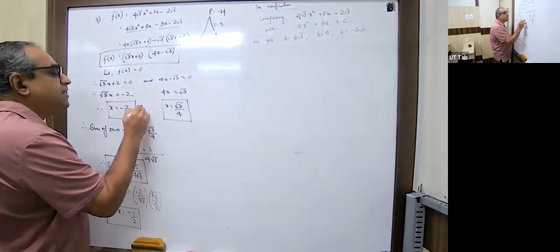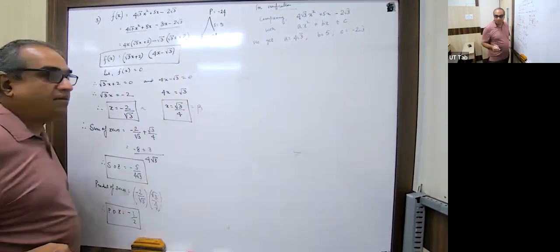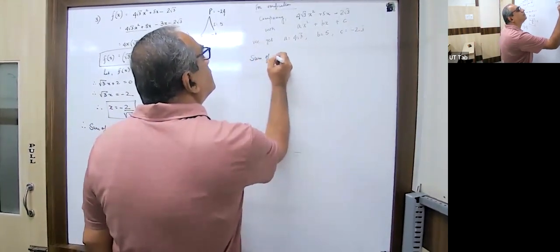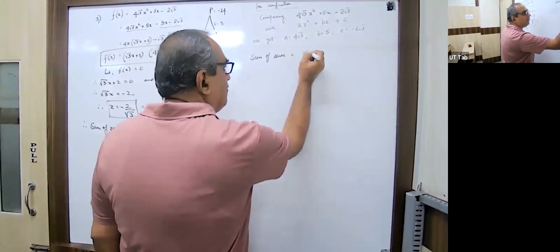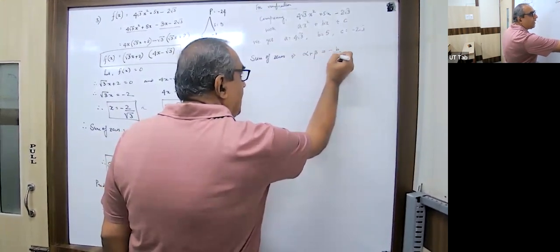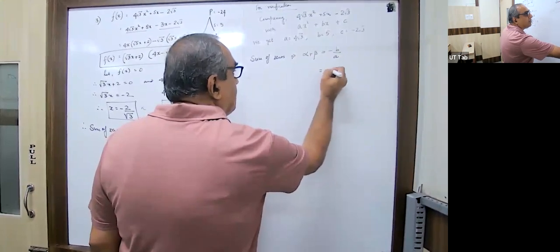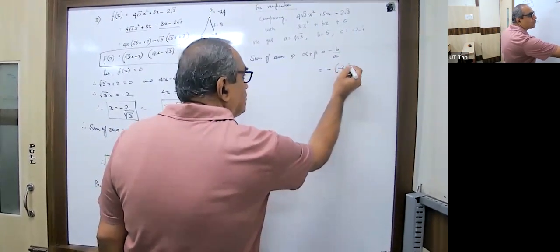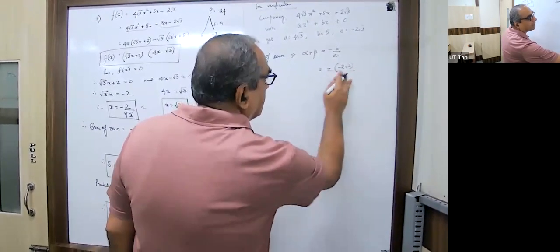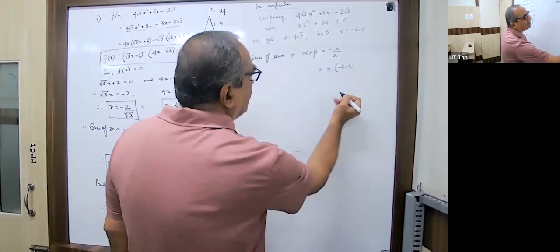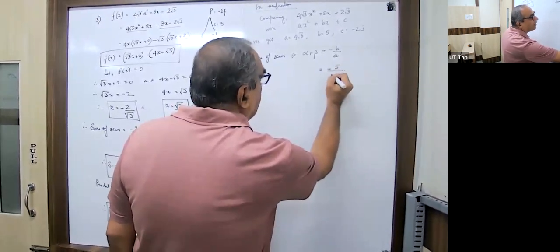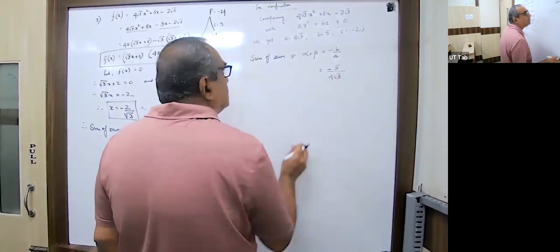If I'm calling this as my alpha and this as my beta, sum of the zeros, that is alpha plus beta, is minus b by a. Minus 5 by 4 root 3.